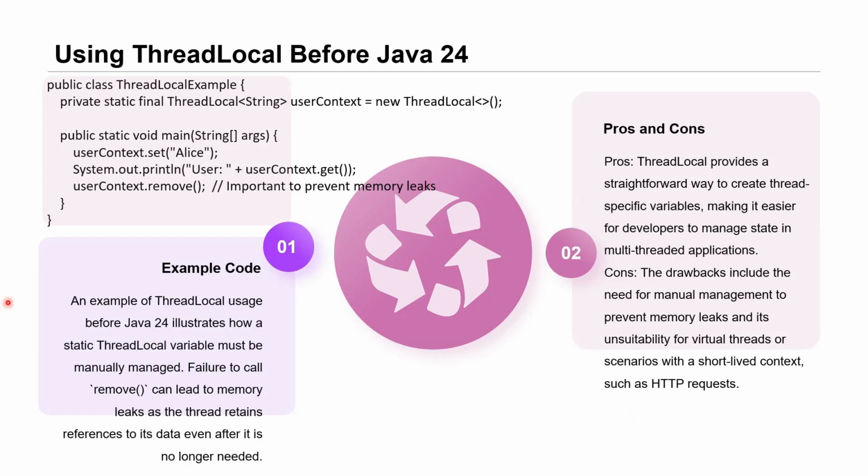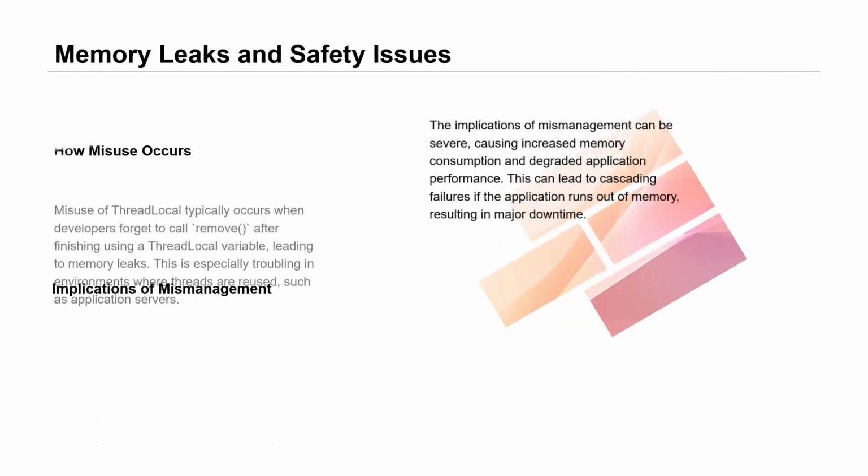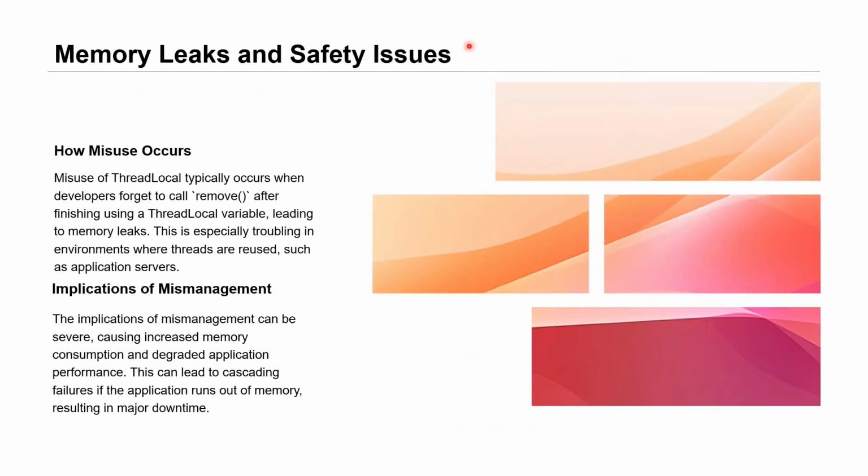such as an HTTP request. Okay, now we will talk about memory leaks and safety issues. So this is how misuse occurs. Misuse of the ThreadLocal typically occurs when developers forget to call remove after finishing using a ThreadLocal variable, leading to memory leaks.